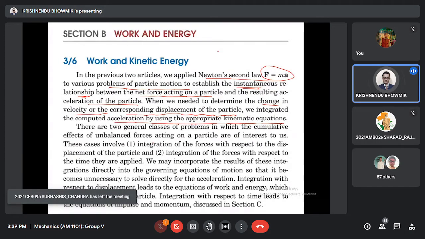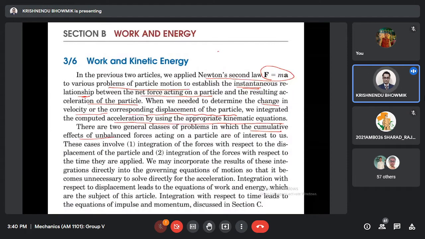Now, when we are solving problems where velocity changes are involved, our target is to see the cumulative effect of the unbalanced force acting on a particle. In two ways we can solve. We can do integration of the force with respect to displacement, or integration of force with respect to time.